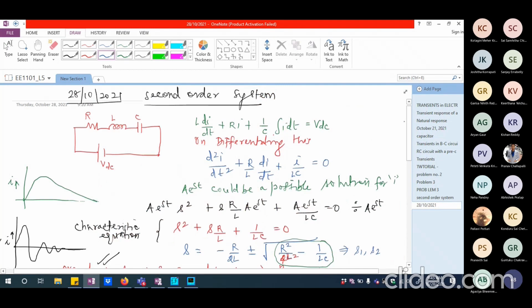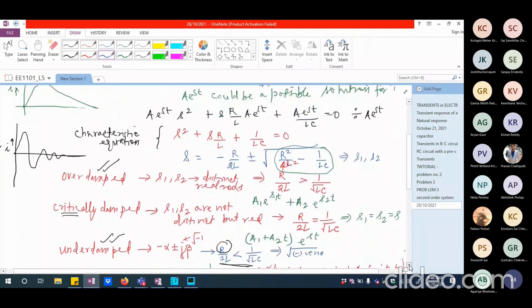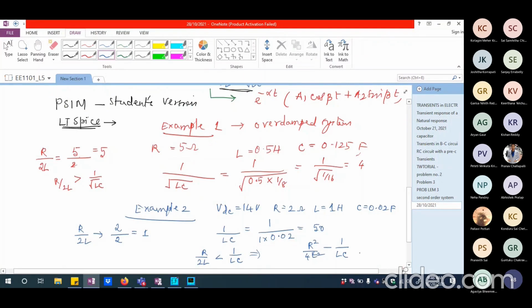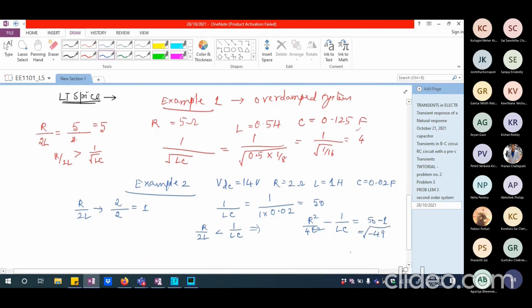Under the root, this is essentially R square divided by 4L square minus 1 by LC. That is going to be a negative number. Instead, I have to say 50 minus 1, which is equal to 49. So I'm going to have minus root of 49.